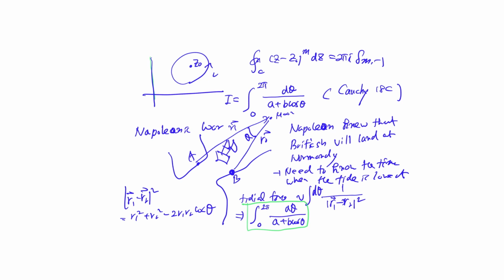Nowadays, this integral can be done very easily using just numerical integration on a computer, right? But unfortunately, Cauchy didn't have a computer 200 years ago, so he had to calculate this by hand. And that's the reason why he was studying how to integrate general functions, in particular complex variable theory.